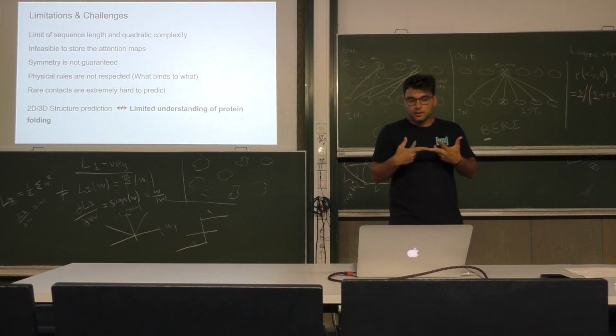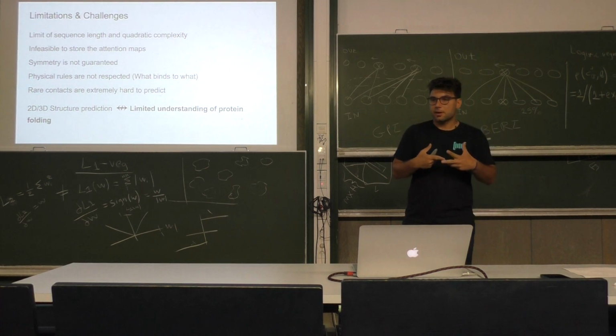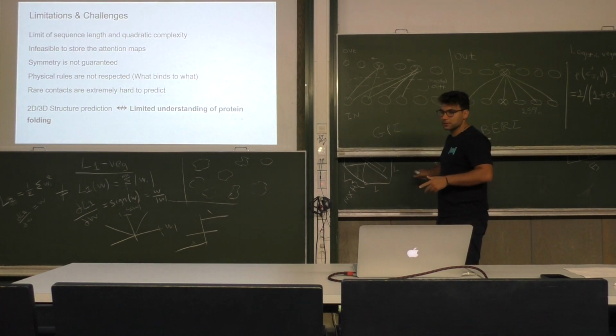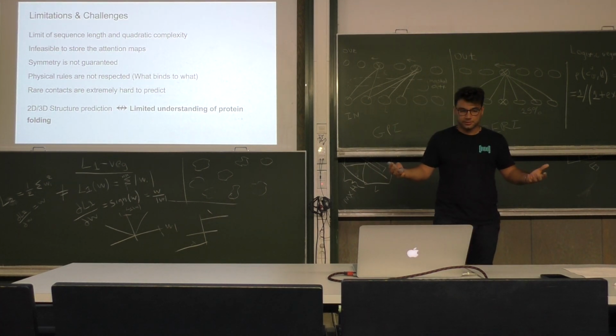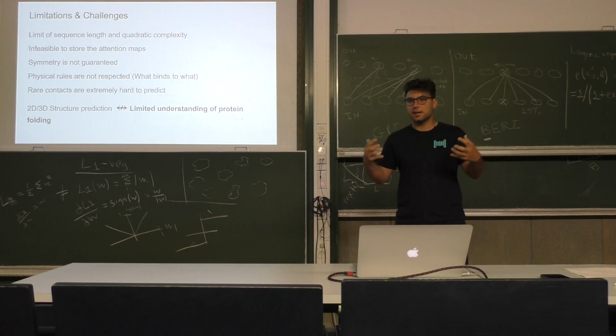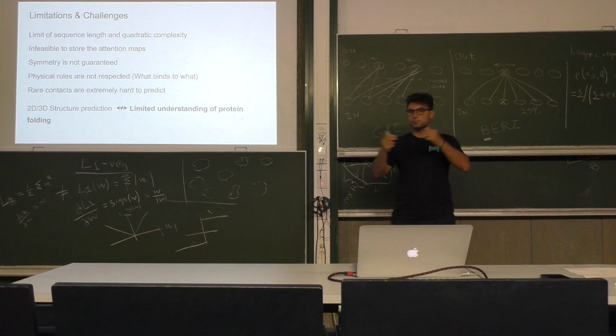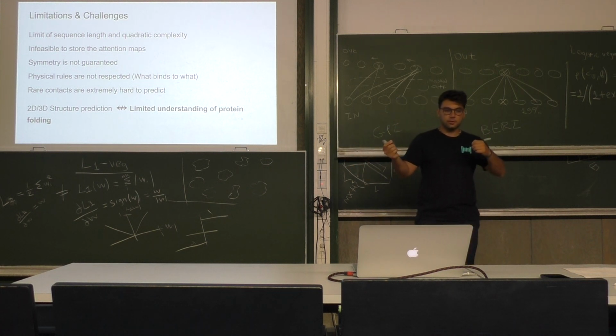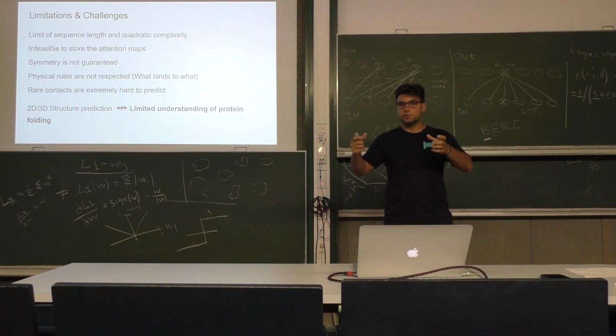Then it's about symmetry. Right now we do this symmetrization trick, the cheapest possible trick we could do, but the model doesn't really encapsulate all the physics or respect the rules. For example, on DNAs and RNAs, you have some rules.